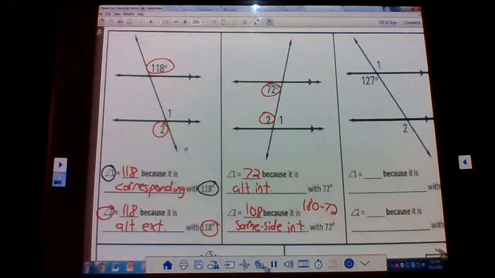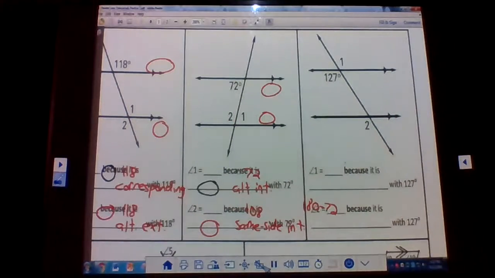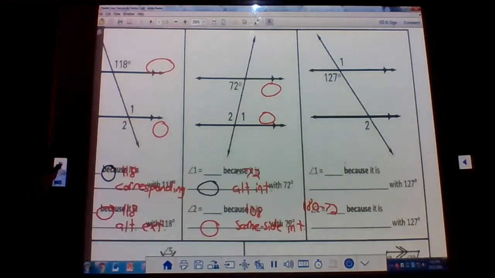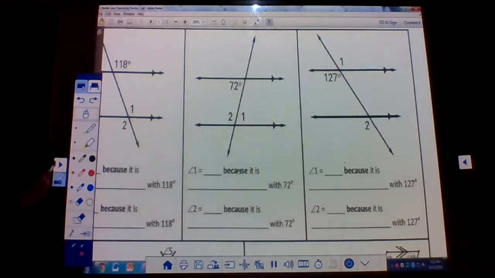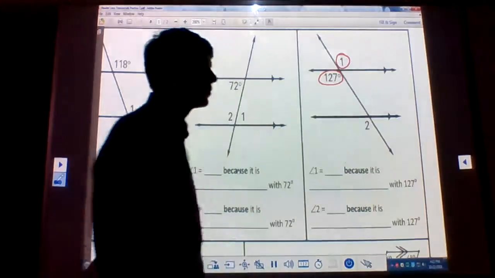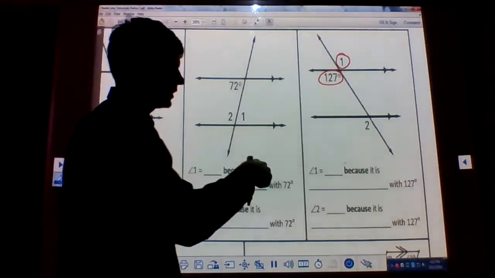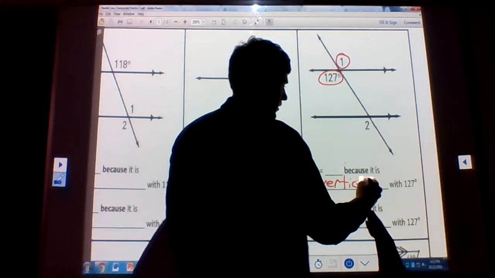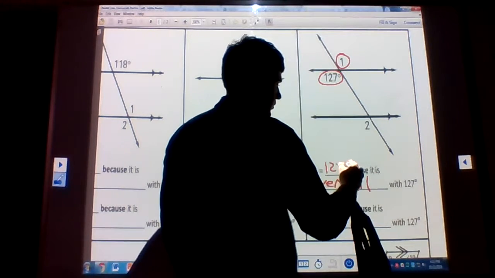The last example here, or the third example here, we're comparing angle 1 and 127 degrees. Those are vertical angles. They share the same vertex. We know all vertical angles are congruent, so this is going to be 127 degrees.